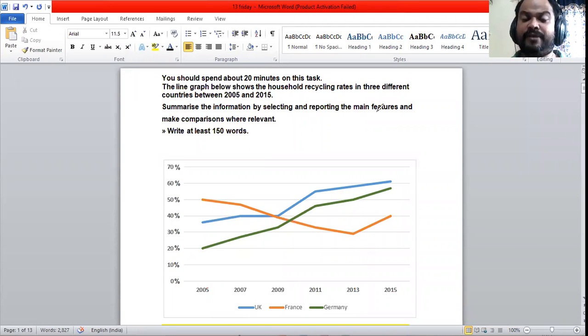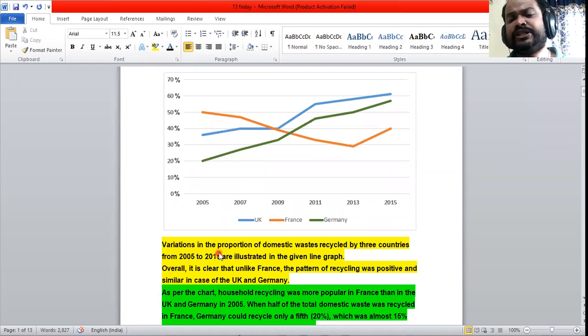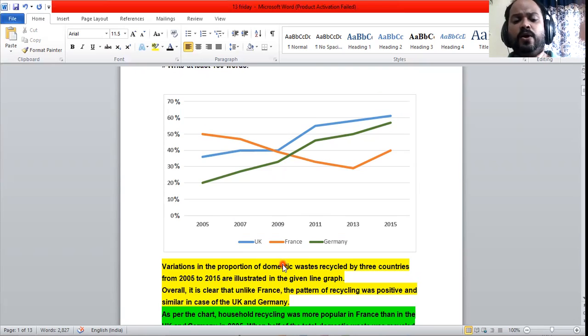Our objective is to frame the introduction. Let's see the introduction in detail. Variations in the proportion of domestic waste recycled by 3 countries from 2005 to 2015 are illustrated.